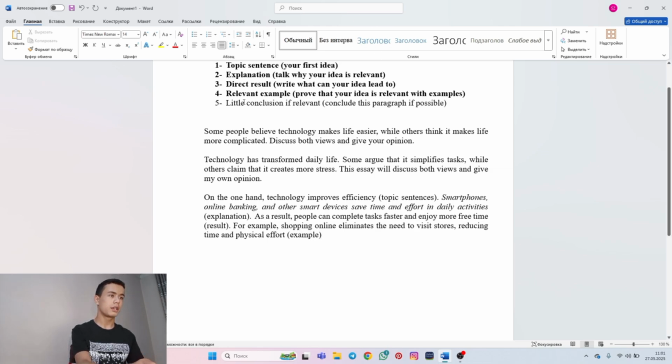Now we have done this part, and then a little conclusion, if possible. Here we can give a little conclusion, but in some cases we can also skip it. However, we can give it right now. For example, thus or therefore.